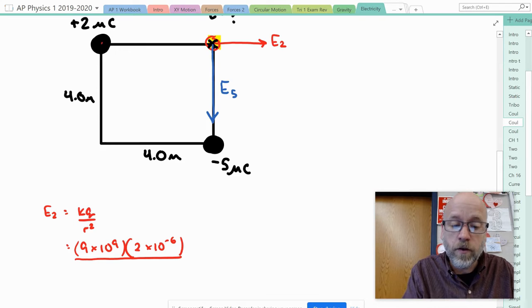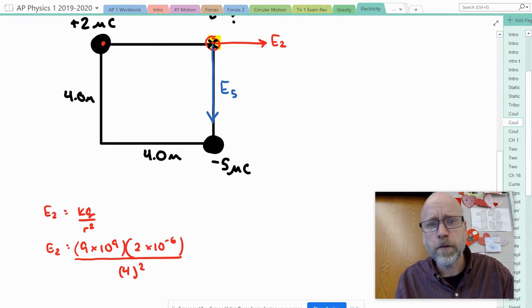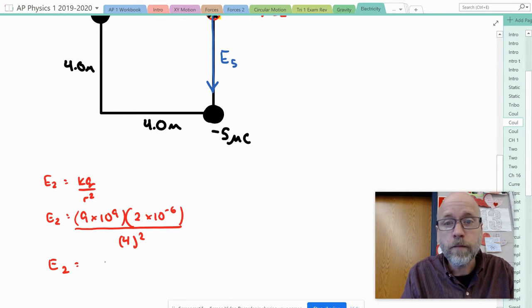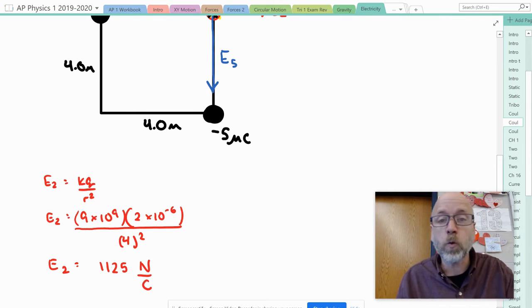And the distance from the plus 2 charge to point X is going to be 4 meters, so 4 squared. So go ahead and punch that into your calculator. You got it. Yeah, nice job. You get 1,125, and it's newtons per coulomb.